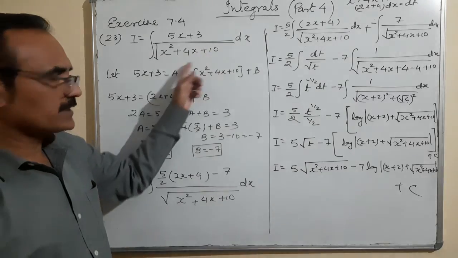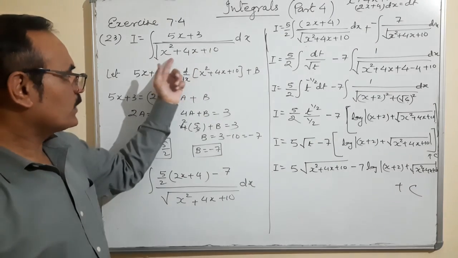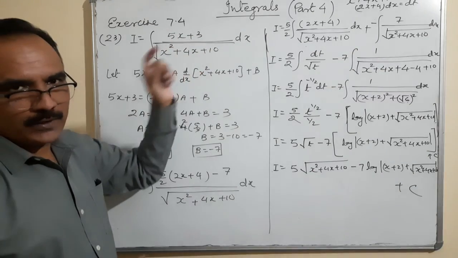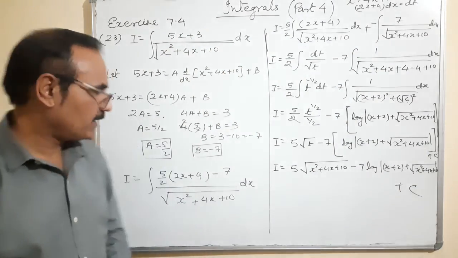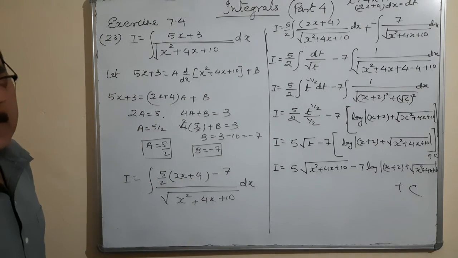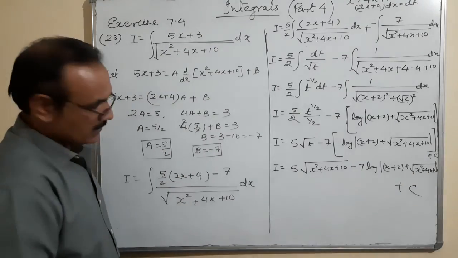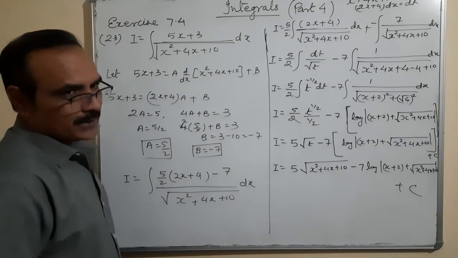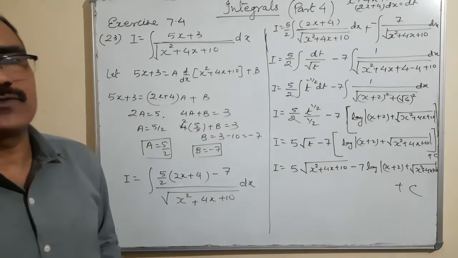You will consider the numerator equal to a times the differentiation of this term plus b, for finding the values of a and b, and arrange in this format. That is the best way by which the first term will be cancelled like this, and the second numerator term is always constant, so that you can use the direct formula.